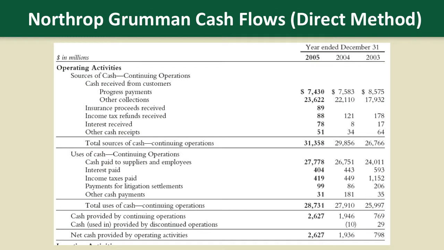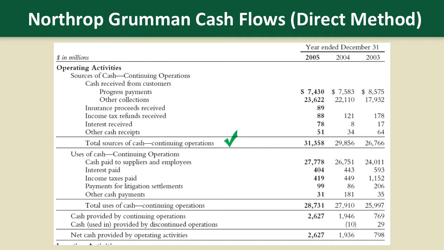Here's an example of a statement of cash flows prepared under the direct method. Here's this company, Northrop. We only show the operating activities section. In this operating section, we have two subsections. One is the total cash inflows, which they call total source of cash.